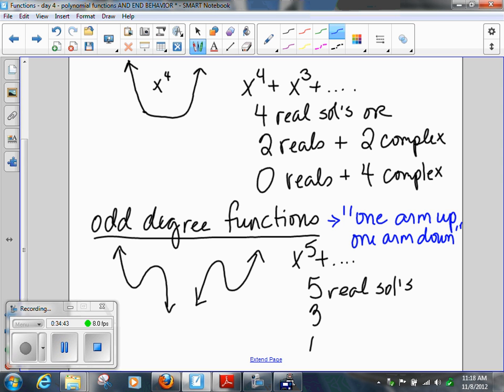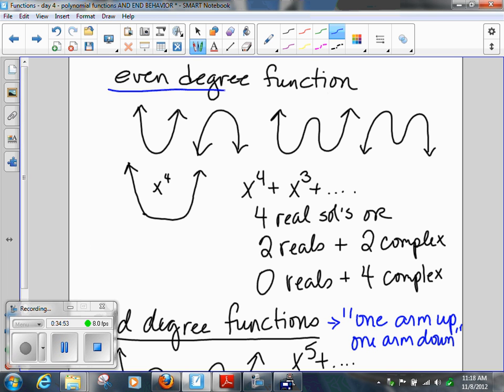What we're doing, folks, we're describing the end behaviors of these functions by stating one arm up, one arm down. I'm not just making this stuff up. The even degree functions, both arms up, or both arms down.